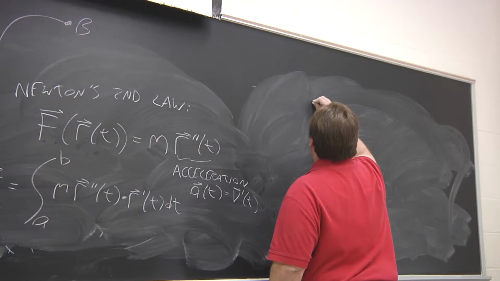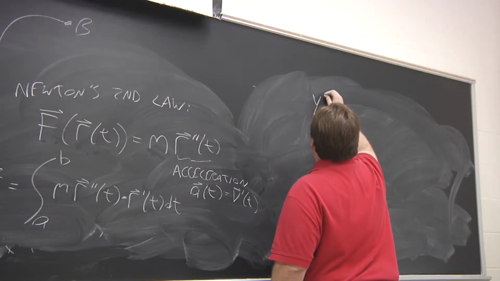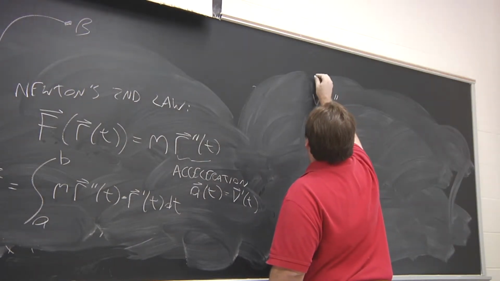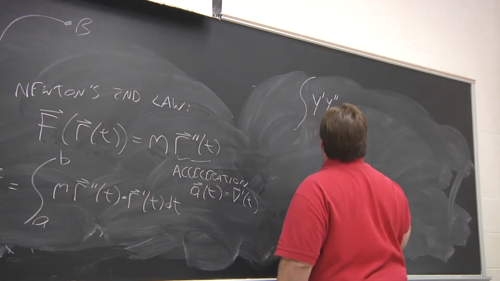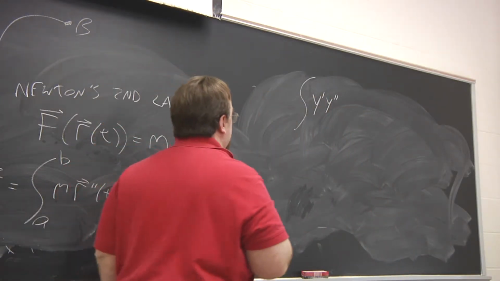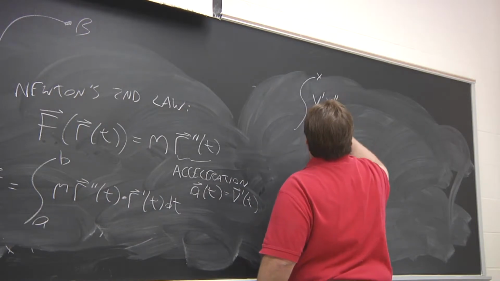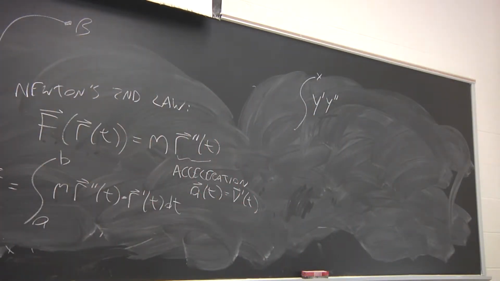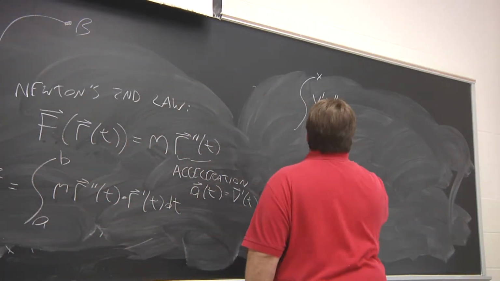So if you have any function y, and you're looking at y prime times y double prime, and you want to anti-differentiate that, we'll assume we're functions of x. This is something that we can actually figure out, regardless of what y is. So we have y prime times y double prime. We can actually figure out what this is.